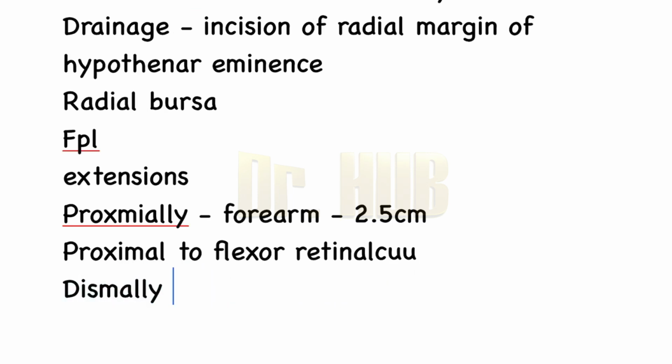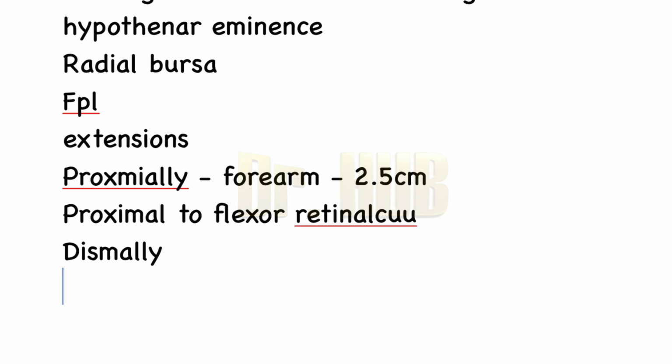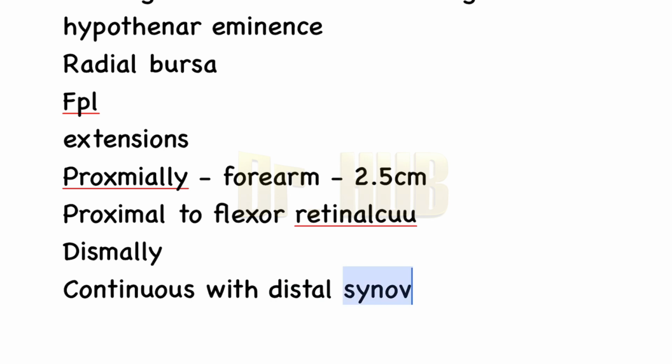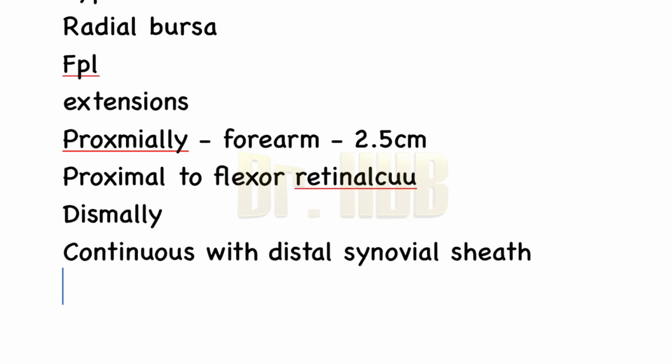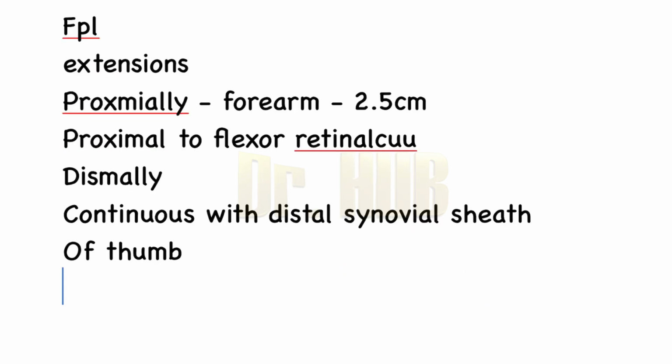Distally, it is continuous with the distal synovial sheath of the thumb. The correlation is that drainage is at the medial margin of the thenar eminence.